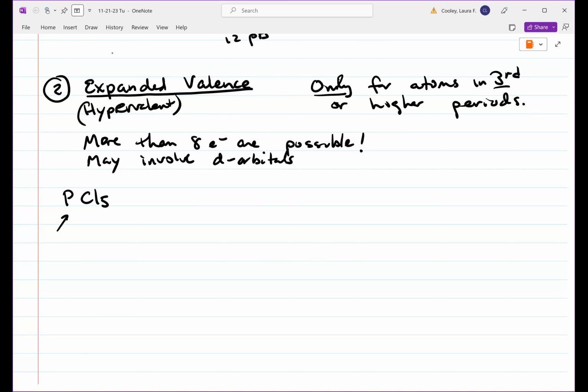Phosphorus is in the third period, it's in group 5A, so it has 5 valence electrons. It's right under nitrogen. Chlorine is in group 7A or 17, so it has 7 valence. There's 5 of them, so we take 35 plus 5 is 40. Divided by 2, you get 20 pairs. And the structure is like this.